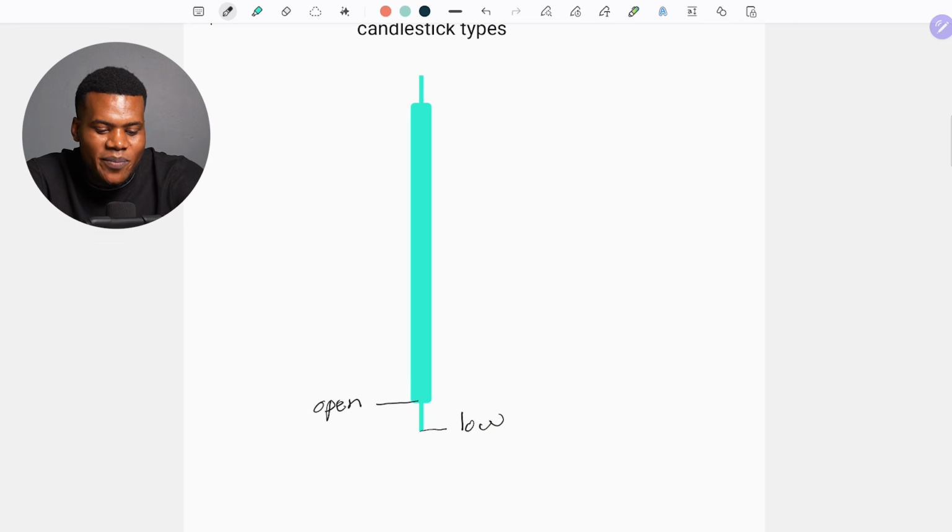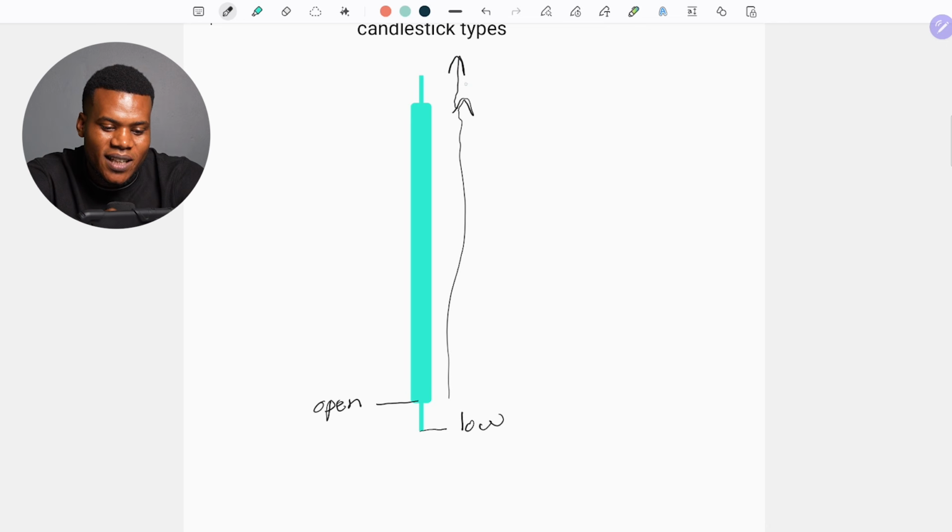Then buyers came in with a lot of money and said, you sellers, you are joking with us. They pushed this candle from here up to here. So this is what we call the high of the candle.